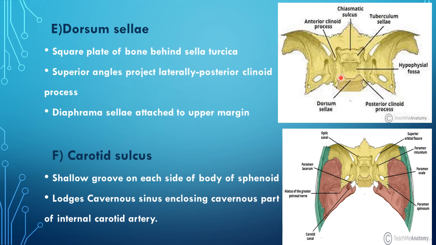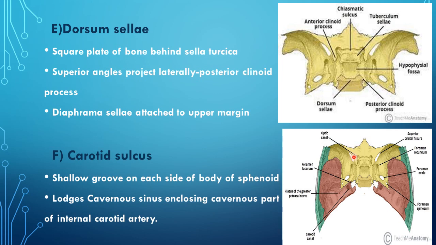Next feature is the carotid sulcus. Another name for the carotid sulcus is carotid groove or cavernous groove. Can you see these two shallow depressions on either side of the body of the sphenoid? This is the body of the sphenoid. On either side you can see two depressions.